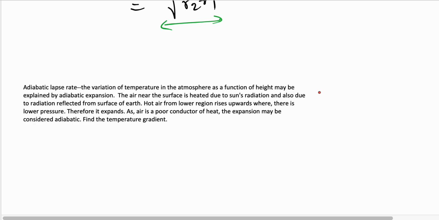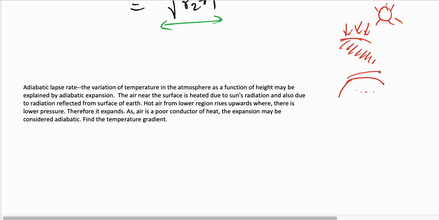The surface of the earth is heated by the direct radiation of the sun, and just above the earth's surface the air will be heated by the radiation that is reflected from the earth's surface. From this heat, this air got heated.